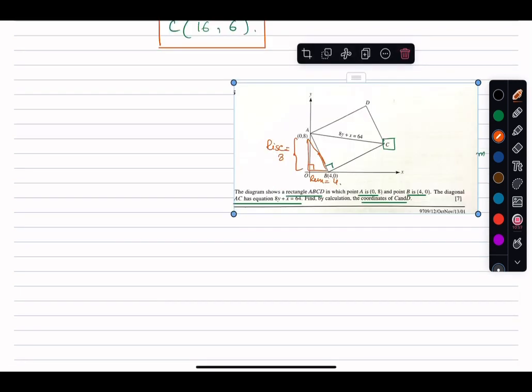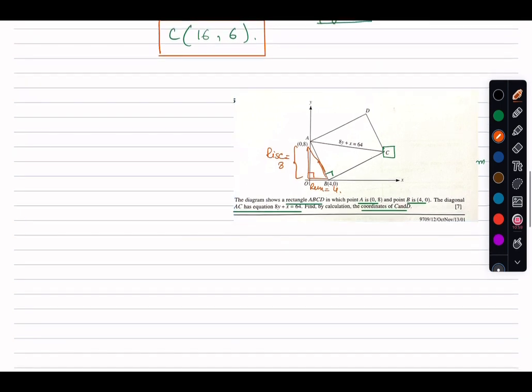So to find the D coordinate, I already have the C coordinate. C is 16 comma 6. I can compare the distances between A and B. I know that for AB, the horizontal distance can be represented as a 4, and the vertical distance is equal to an 8.